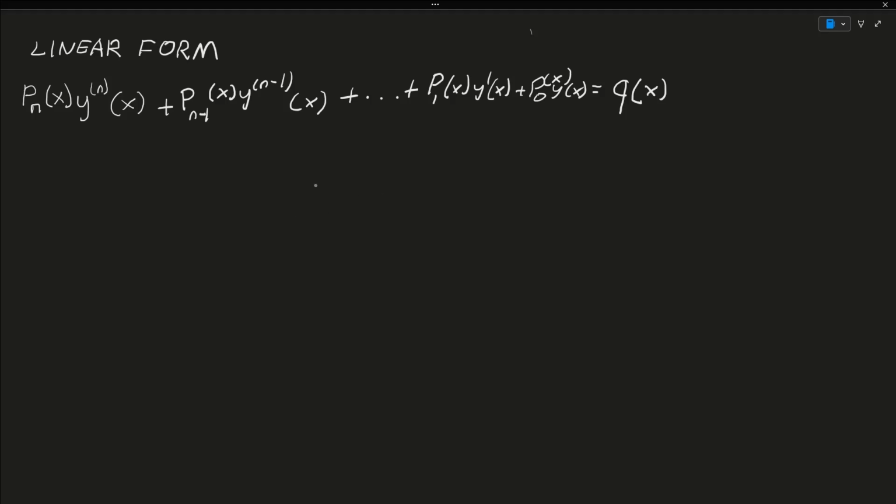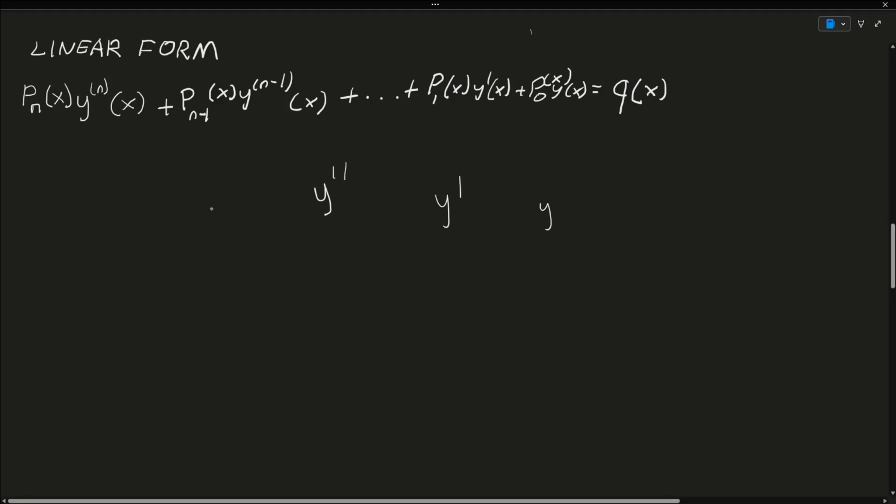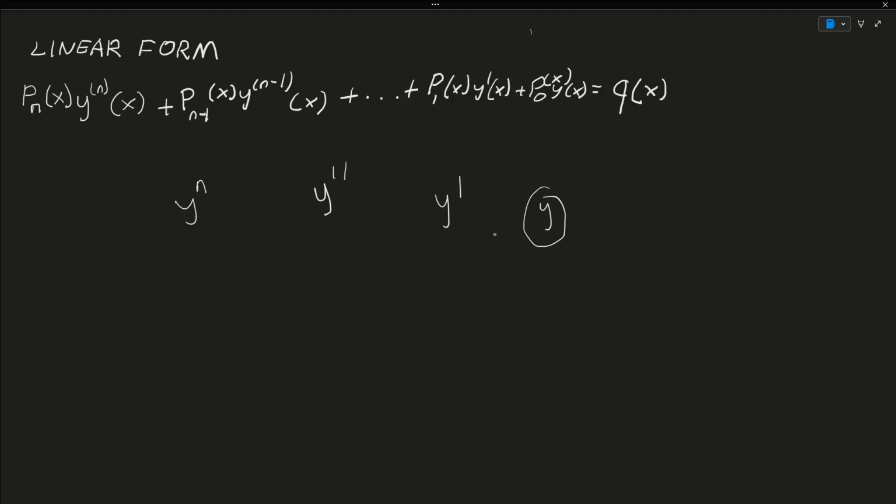What linearity means in a nutshell is that we will have y double prime or y or higher, the nth derivative of y. These could exist in the function by themselves, not inside a function.